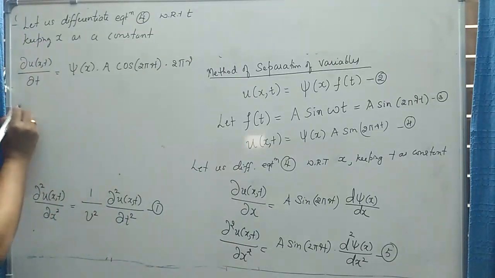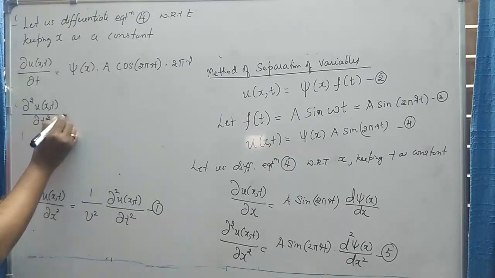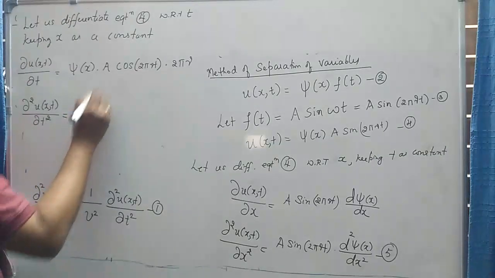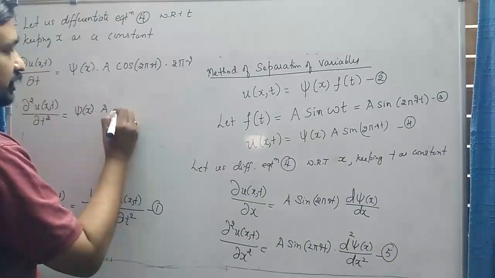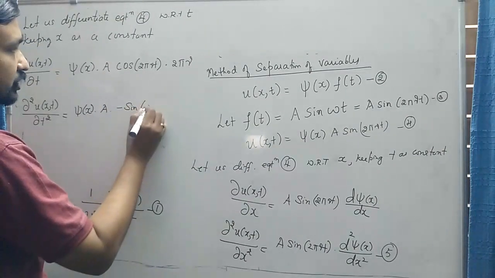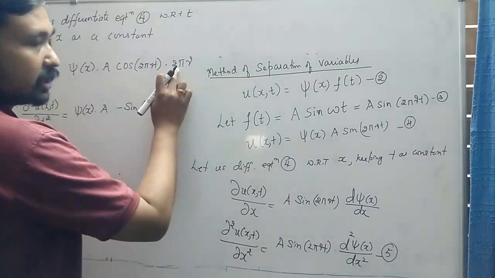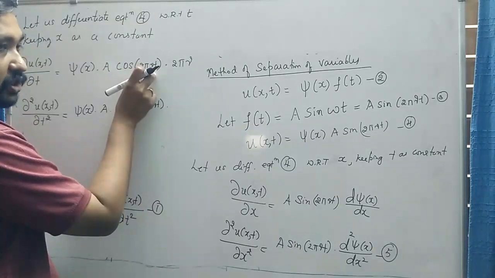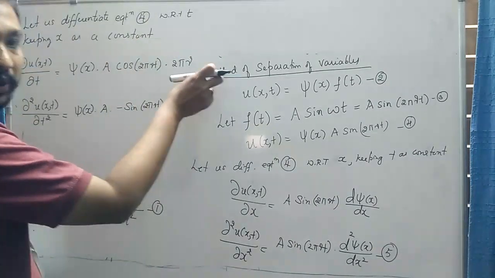Again let us differentiate with respect to time. So you get ∂²u/∂t² is equal to, this is a constant, this is also a constant. Now differentiating cos gives minus sine 2πνt, into the 2πν term. When I differentiate this cos term, I again have to differentiate the bracket, which gives one more 2πν term.